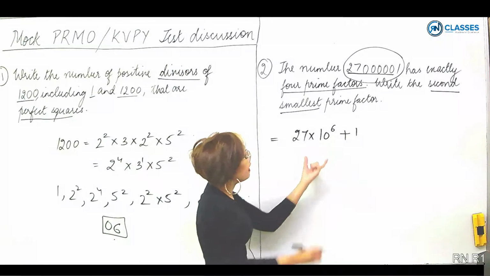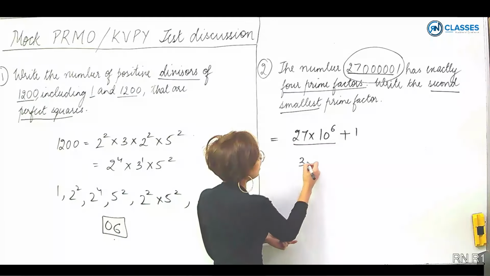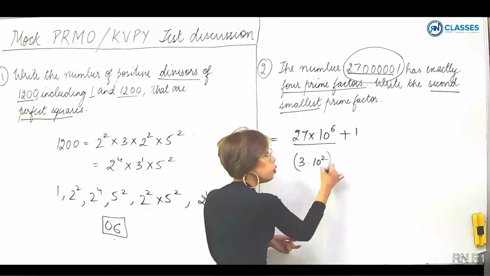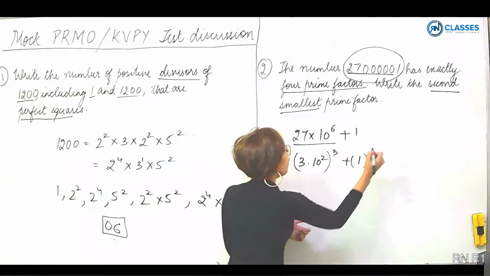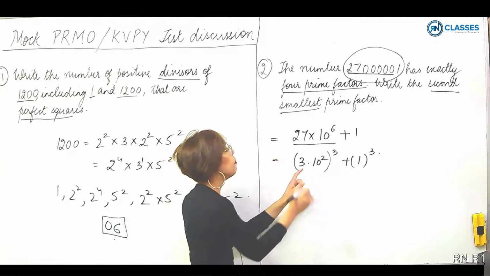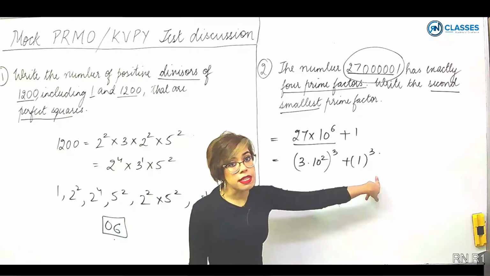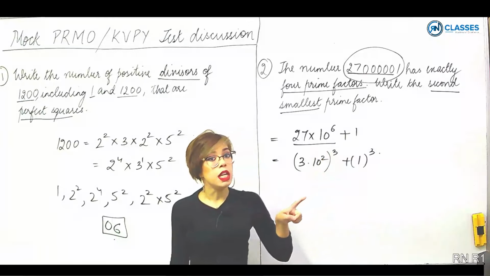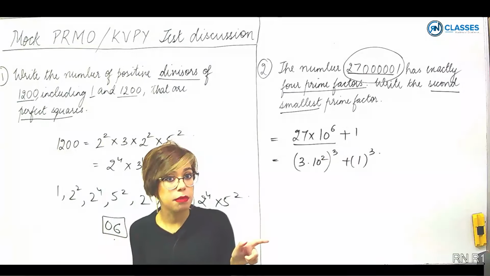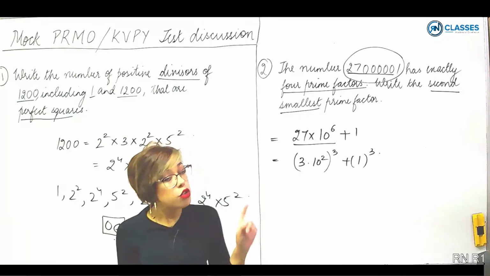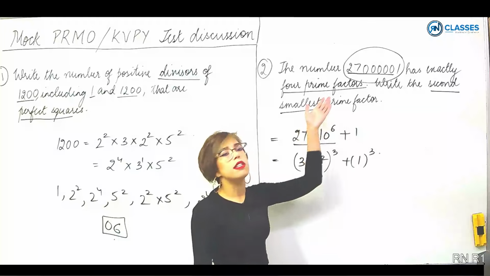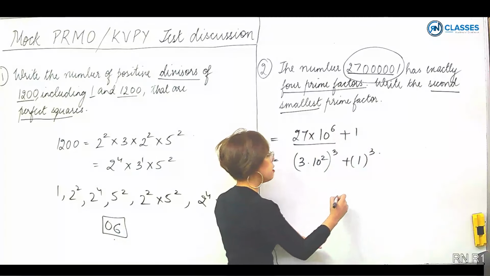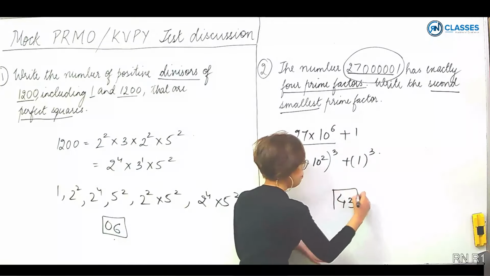I can write this quantity as 3 into 10 square whole cube plus 1 I can write as 1 cube. Now you can see this is nothing but of the form a cube plus b cube. That means the factorization will be a plus b into a square minus ab plus b square. Through that factorization, I am able to find the second smallest prime factor. The answer turns out to be 43.